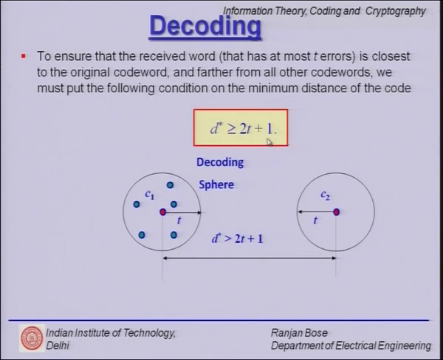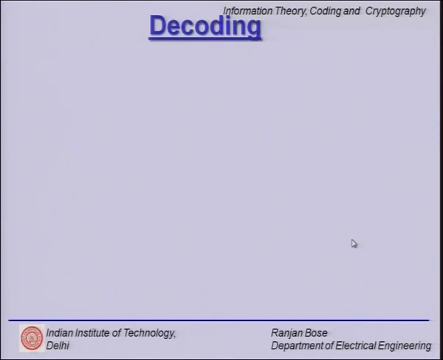It can only be an integer, so it is 2t plus 1. So we have to make sure that the code words are separated by greater than or equal to 2t plus 1 if I want to ensure that t errors are indeed corrected.